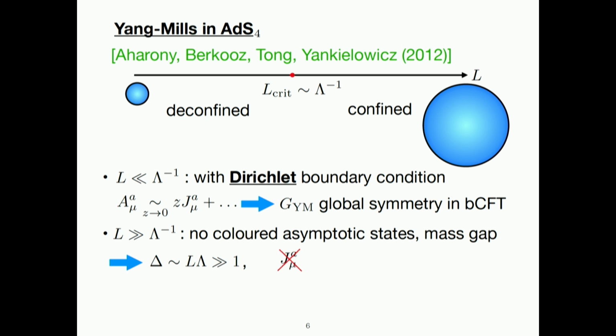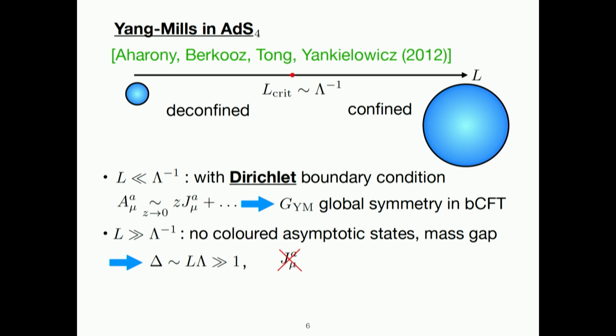On the other hand, if we assume what we believe to be true for the theory in flat space, we immediately see that this picture cannot remain true for arbitrarily large radius, because this current should disappear. You can say it in 2 ways: either because since there is confinement, there should not be any colored asymptotic state, and this current would give a colored asymptotic state.